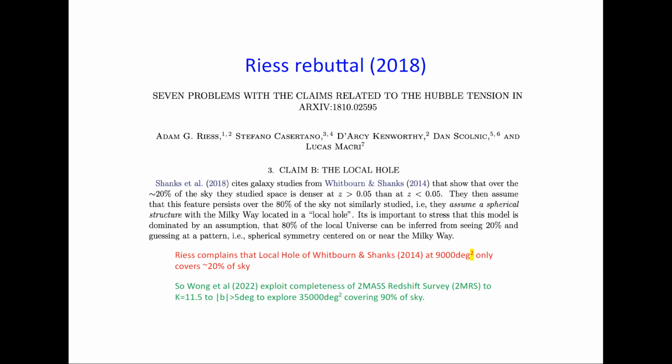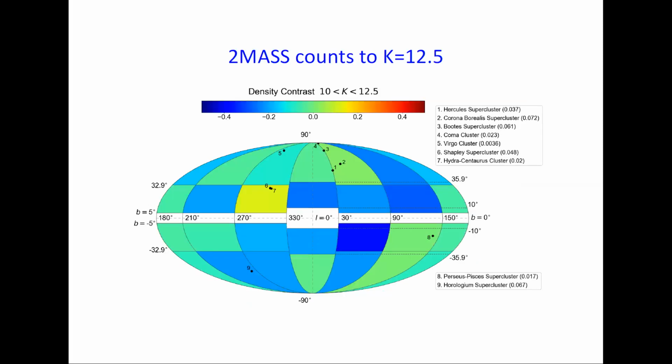So with a student, Jonathan Wong, we went on to exploit the 2MRS to explore the full sky, basically 35,000, everything except the galactic plane. So just looking across the sky now at number counts to K of 11.5, this is the density. This will be the density, hopefully, up here. You see blue means low density.